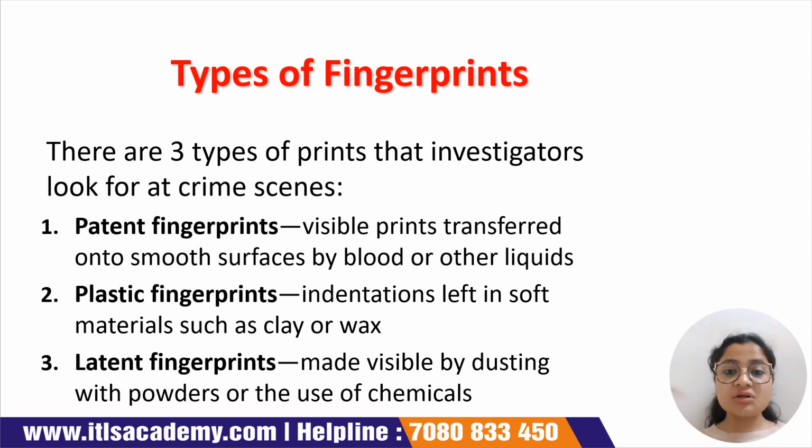Obviously, when as a forensic examiner I suspect that in this place, in this area, some fingerprint of the criminal might be present. Then I will start applying specific powders or chemicals so that the fingerprints will gradually become visible. So that is the basic difference between patent and latent fingerprints.